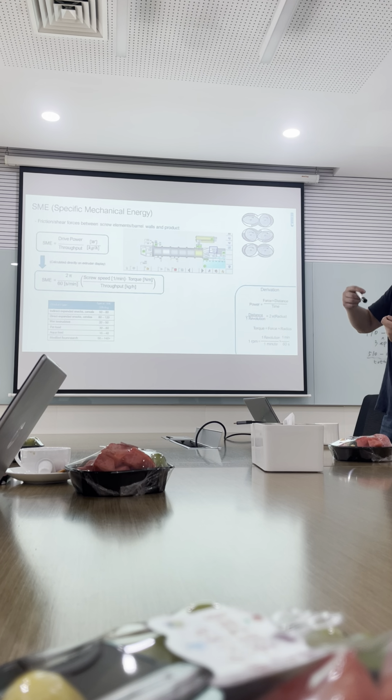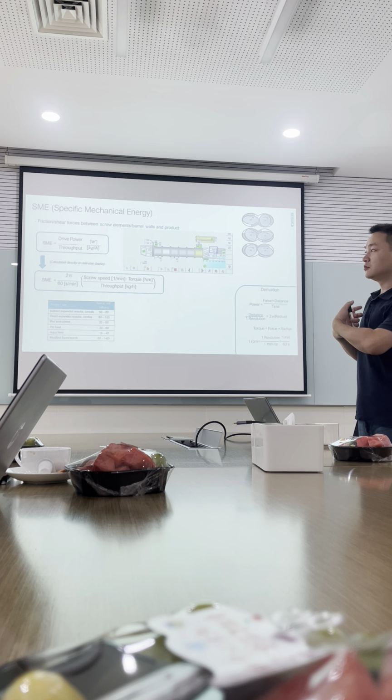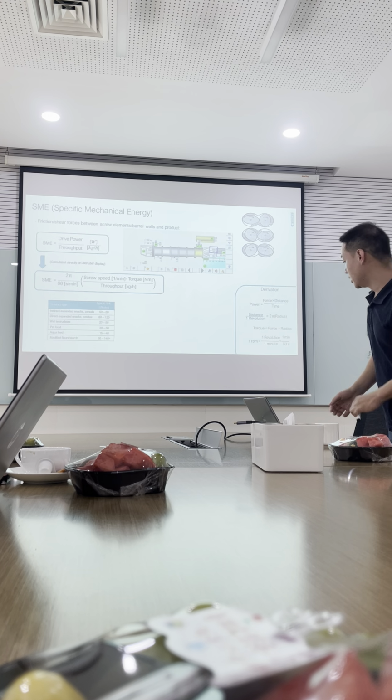Because the frictional force is high, the thermal energy will be higher, right? The temperature will be higher. So we are always talking about SME and STE. SME means specific mechanical energy, STE means specific thermal energy, but they finally contribute to the temperature rise, right?